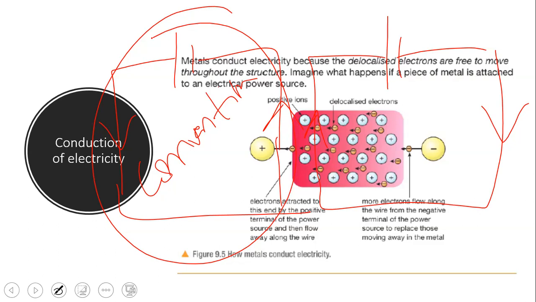So whenever they ask you conventional current, you always show from positive to negative. There are literally questions in past papers where they have part one, draw conventional current, part two, show the movement of electrons. The movement of electrons is actually, in reality, from negative to positive. But since positive to negative had already become a standard and widely accepted, they stuck with it. That is known as conventional current. Is that making sense? Yes.